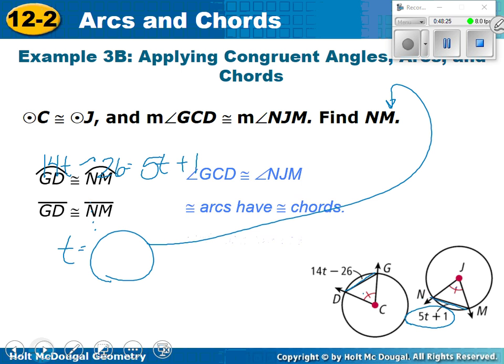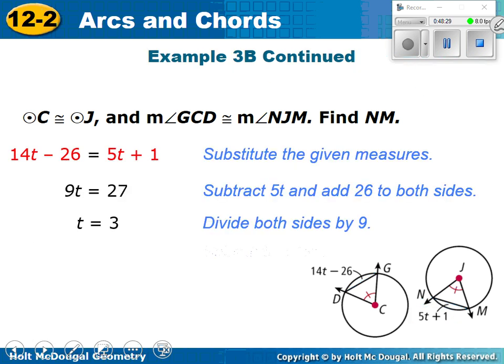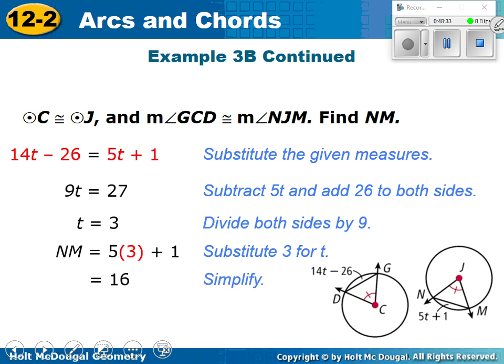Here's what I'm noticing though. Be careful. Your answer should have been NM equals 16 with no line segment above it. No line segment. Okay? Everybody good with the first 2?